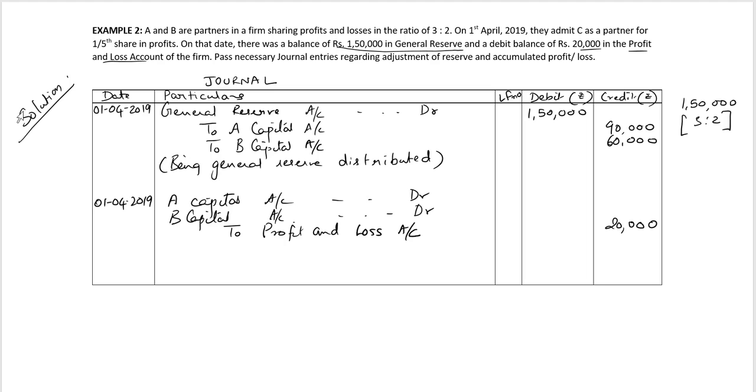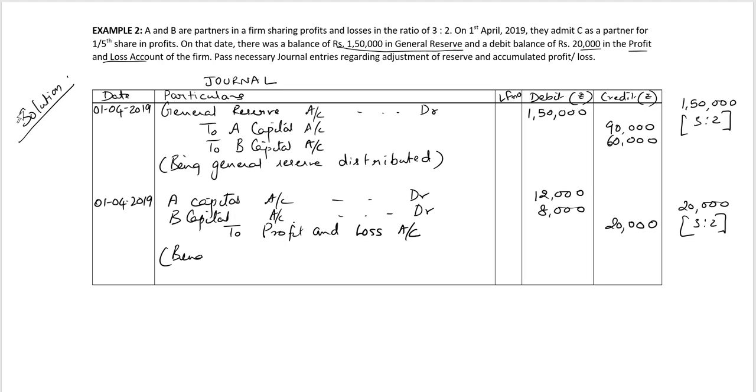Balance of profit and loss to be written off in the OPSR, which is 3:2. We have 12,000 against A and 8,000 rupees against partner B.